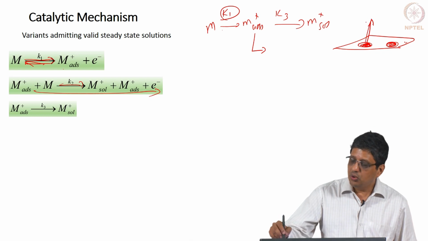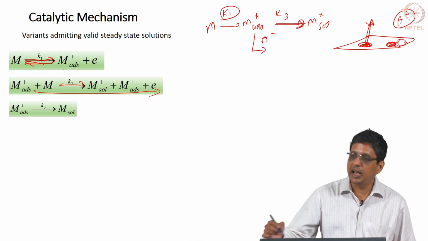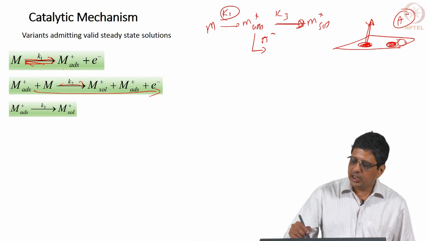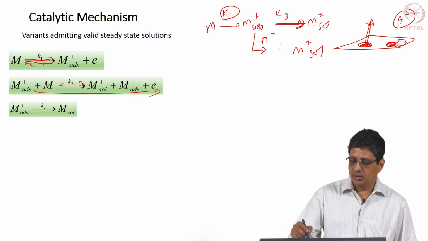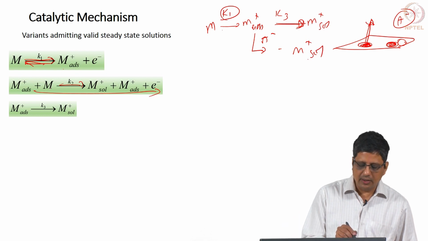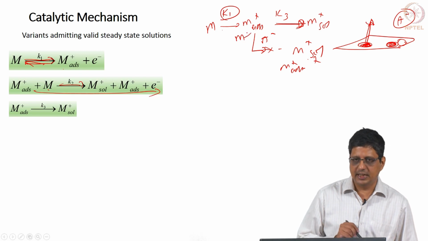M adsorbed can directly go into solution even in the absence of anion by this step, but if I have anion, the anion can come, and if the neighbor happens to be a vacant site, it can also go via this step. So, this is a parallel step, M adsorbed going into solution, but it regenerates an M adsorbed here by working with the bare metal site here.